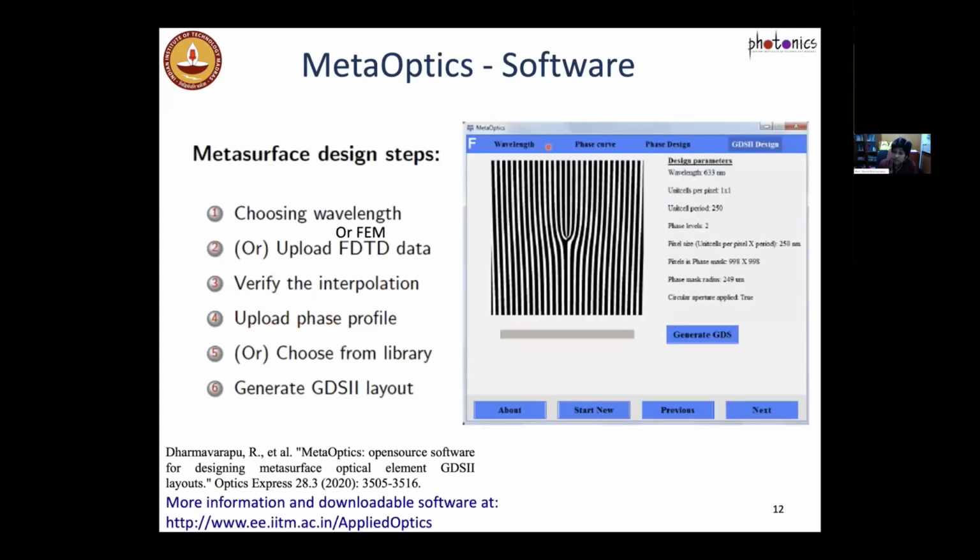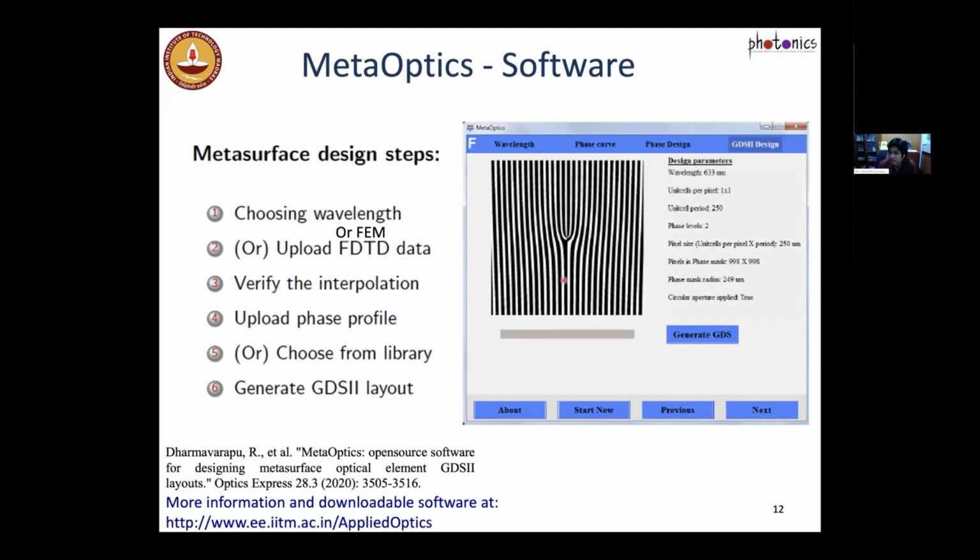We already have the phase we want. That was what was being put on the SLM. So that phase can now be uploaded into this tool. This is a software tool designed in my lab by a former PhD student, Raghu. If you have your phase profile, when you upload it, it will give you the meta-optic profile you need.